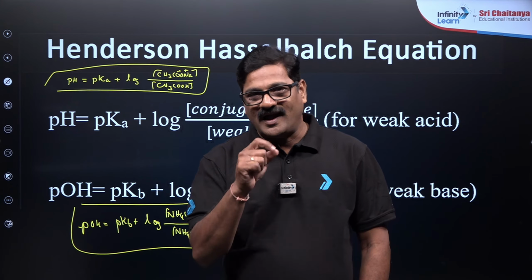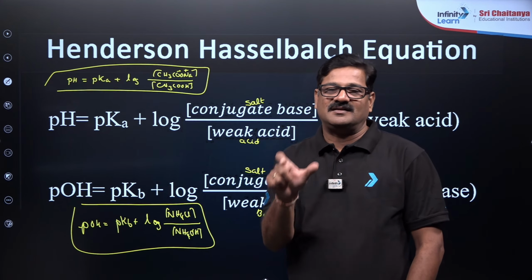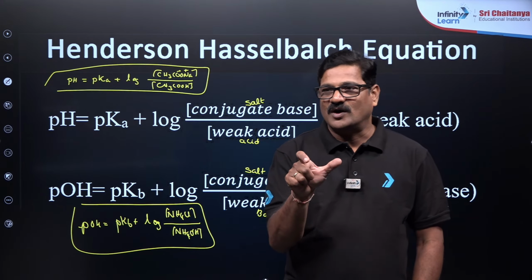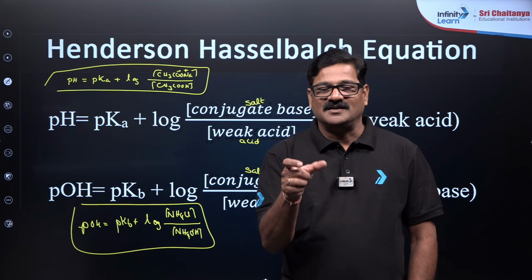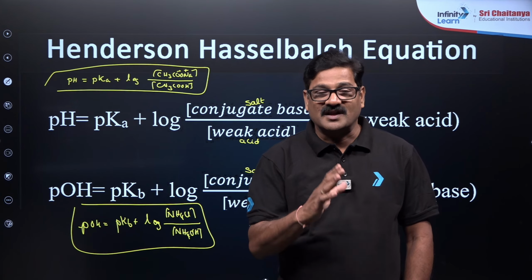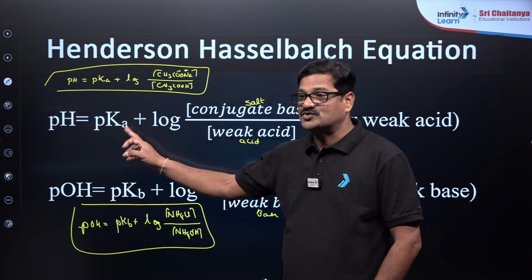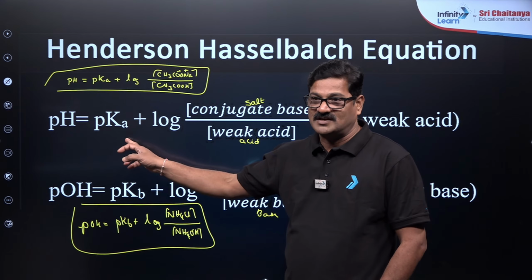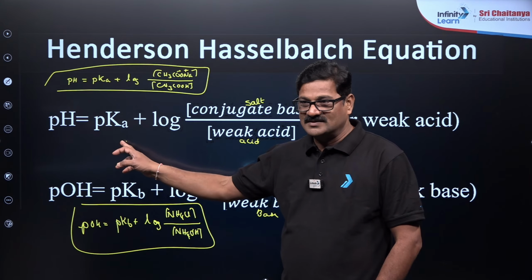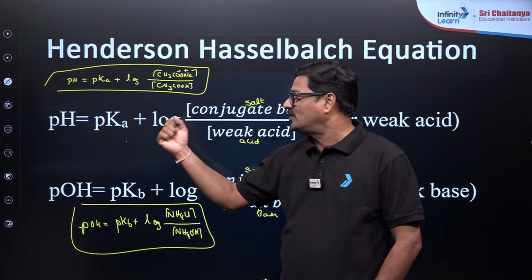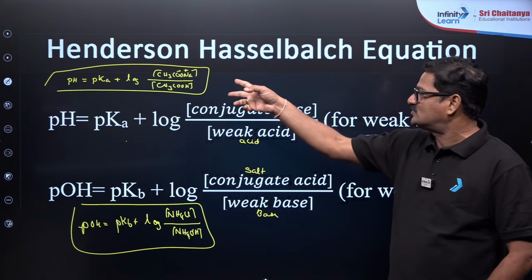Actually, when the salt and the acid are mixed, what happens? If equal amounts are mixed, buffer capacity is going to be maximum, when it is within pKa plus or minus 1. Otherwise, you have to calculate the pH of the buffer by mixing these two.